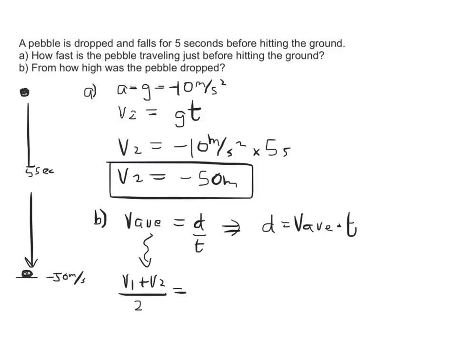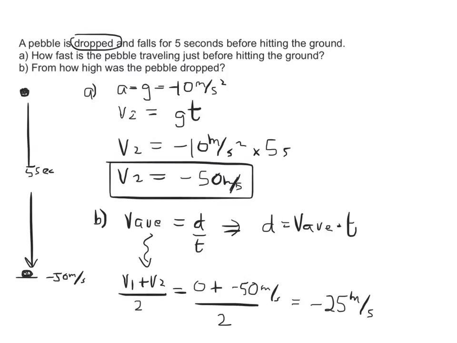Because I used the word dropped, we know that v1 is 0, and we just figured out that v2 is negative 50 meters per second. And I'm going to take the average. So v average is negative 25 meters per second.